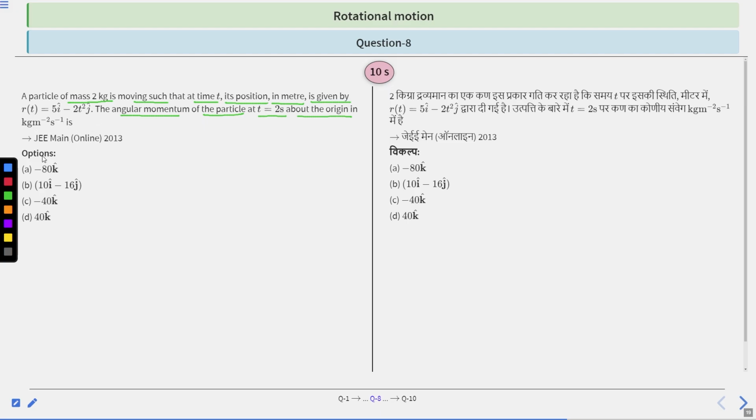Given options: option A is minus 80 k cap, option B is 10 i cap minus 16 j cap, option C is minus 40 k cap, and option D is 40 k cap. So which option is correct? You have 10 seconds to solve this question. After 10 seconds, we will provide the solution of this question.